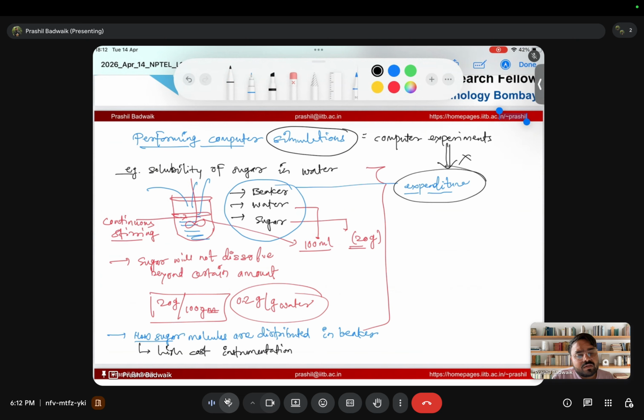What do we need in computer simulations? Can one of you tell me?